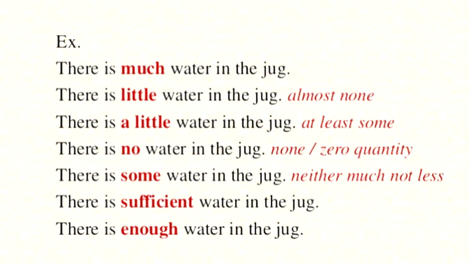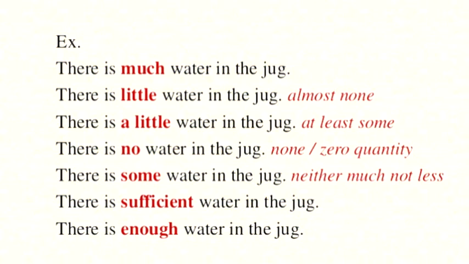When we say there is a little water in the jug, it means at least some is there. When you say there is no water in the jug, it means zero quantity. There is some water in the jug, it means neither much nor less. There is sufficient water in the jug, means whatever is required that is there.